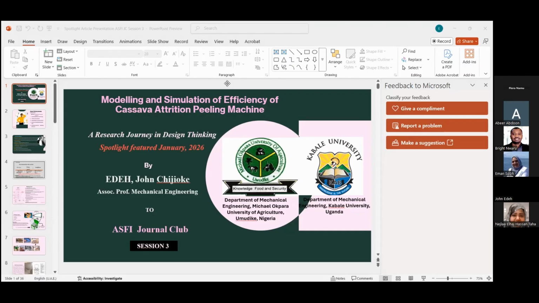Because it is those variations and those physical, mechanical, and other engineering properties of these materials that will inform you of the solution set. What I'm trying to say is that any product that shares similar characteristics with cassava, this our model, this our solution, can be adapted to it.